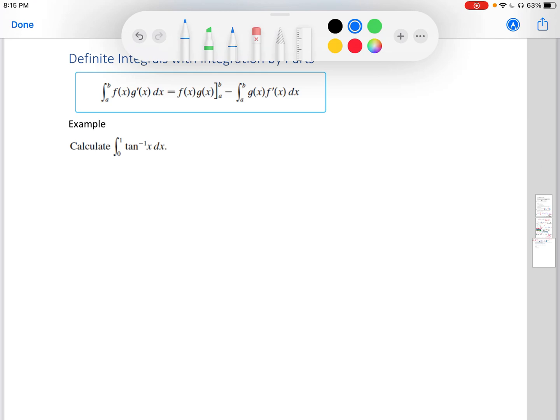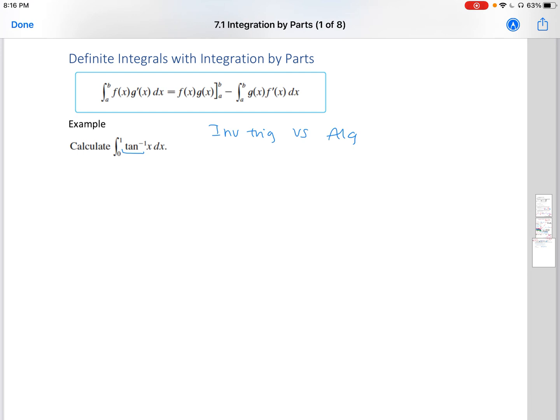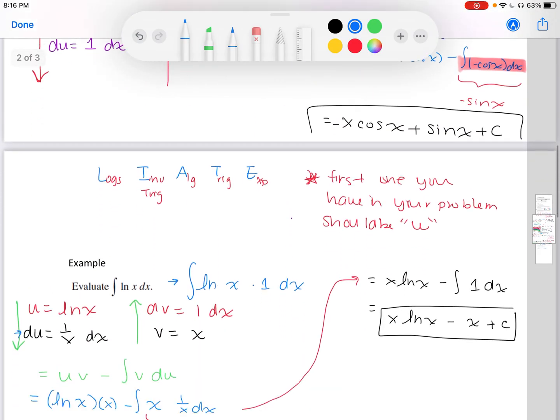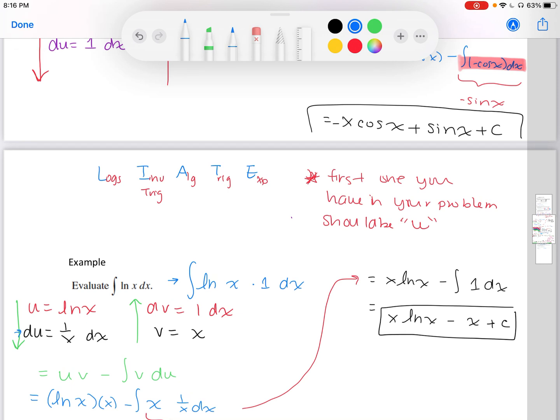Okay, so let's go ahead and label our integration by parts. So we have a tangent, we have an inverse trig versus an algebra, right? Now you're wondering which one should be my u, which one should be my dv. Well, let's look at our little trick we wrote. Which one comes first?